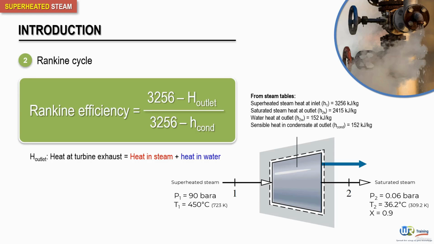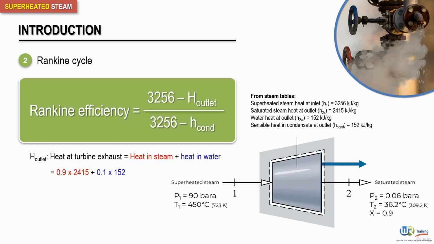However, since at the exit the steam has a dryness fraction of 0.9, then the actual heat in the steam at the exit is 0.9 times 2415, and the actual heat in the water is 0.1 times 152.